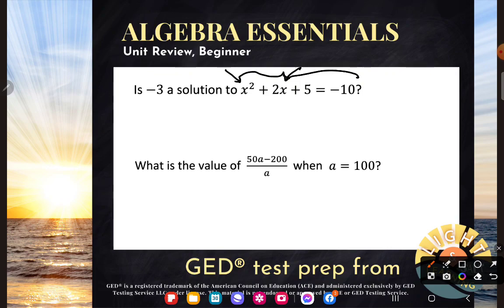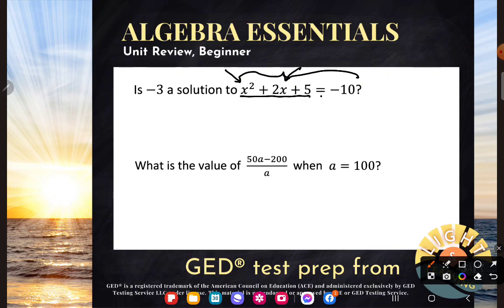So if I ask you if -3 is a solution to x squared plus 2x plus 5 equals -10, I'm asking you, if I put this thing in for x, will it make this statement true? So I can just substitute in -3 for x and see if this left-hand side really does give me -10.